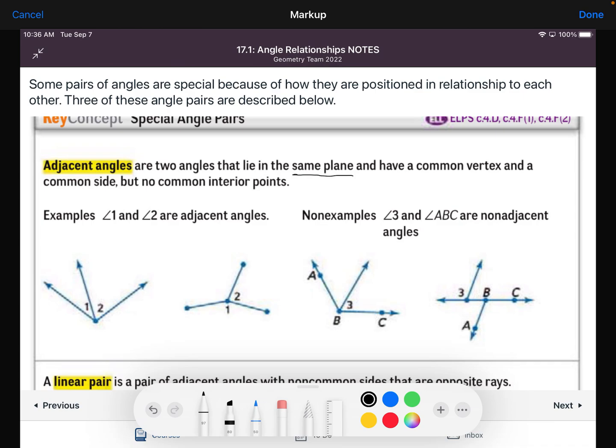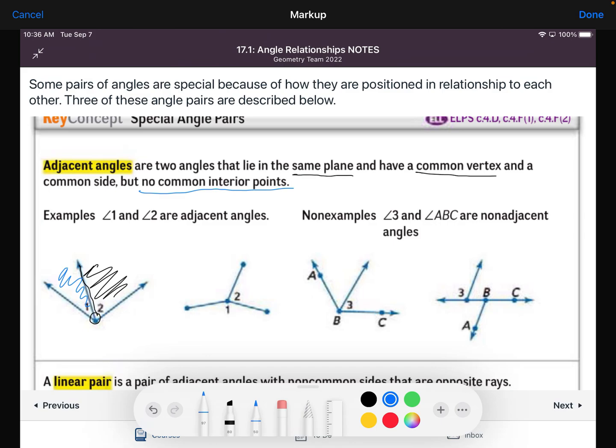They have a common vertex. So this would be the vertex. And a common side. So here's our common side in between angle 1 and 2, but no common interior points. So it's saying that the points inside of angle 2 are not common with these points.